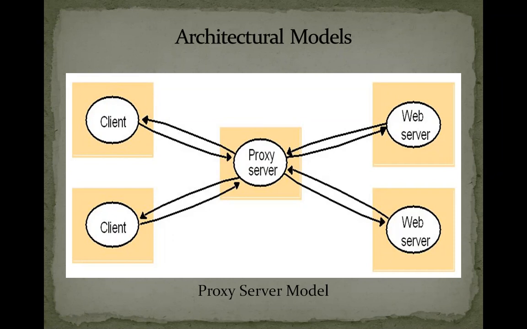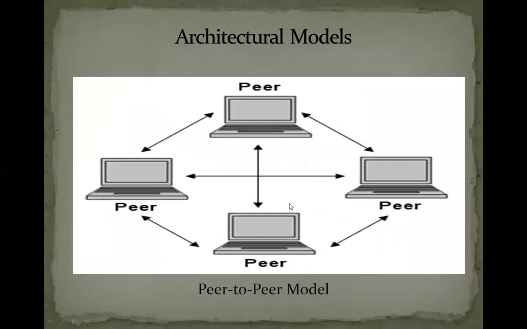So it can take two roles. One is to access remote web servers through the firewall, and the other I have already discussed. So this is about the proxy server model.